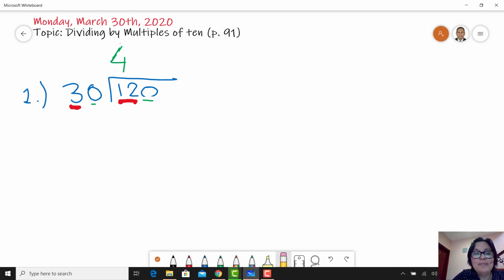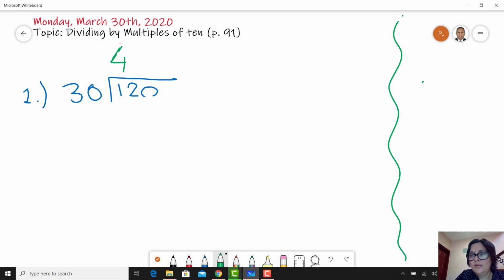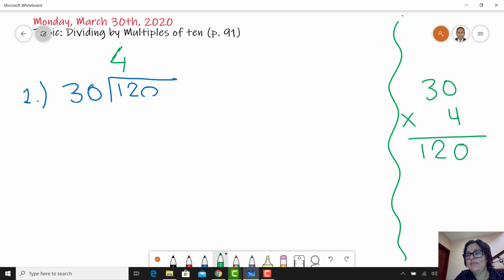So now that I investigated what number goes in the quotient, I have to multiply number 4 times 30. So you can do it apart. You can do it here. 30 times 4. 4 times 0, 0. 4 times 3, 12.